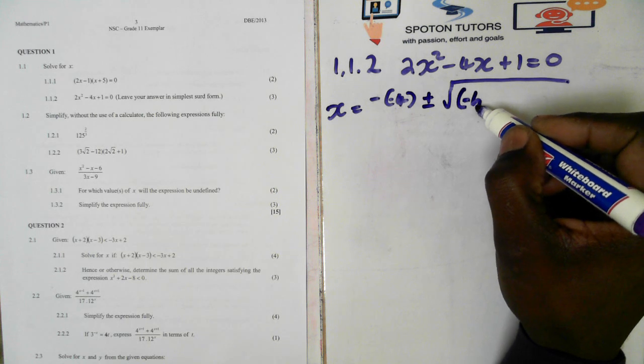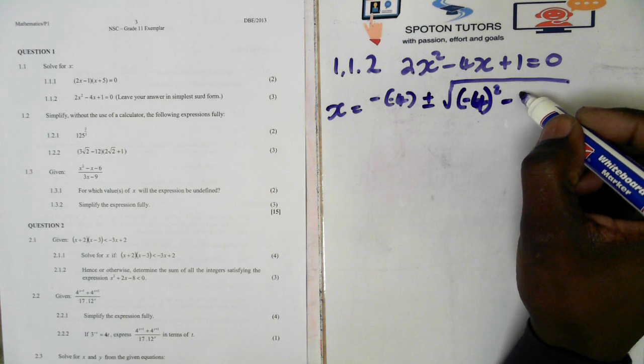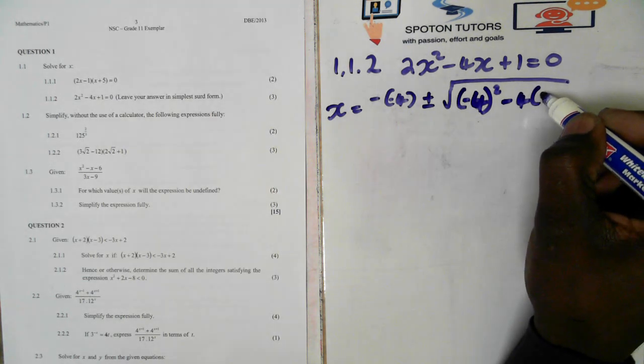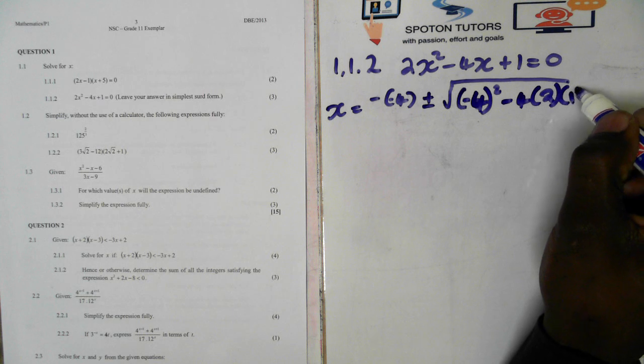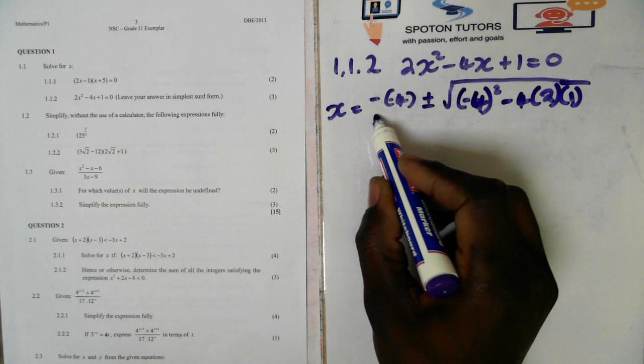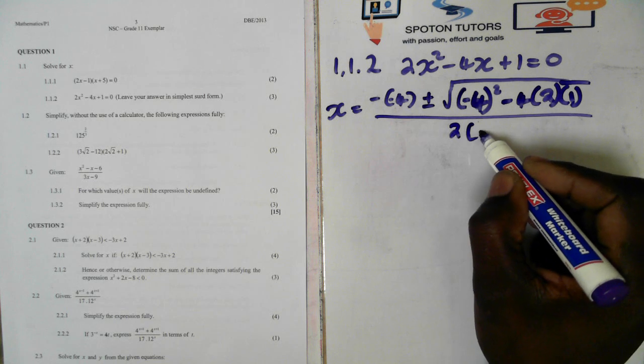B is minus 4 squared minus 4 times a times c. That's what the quadratic formula says. This whole thing must be divided by 2 times a.